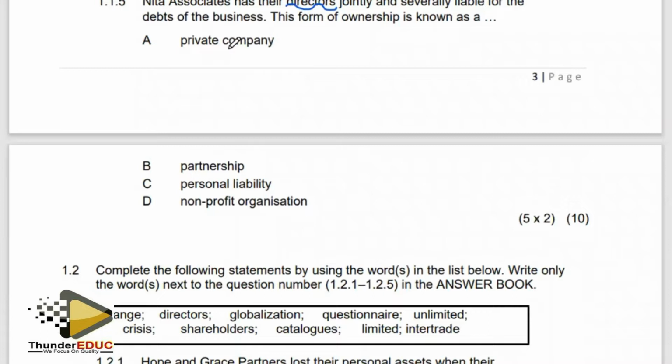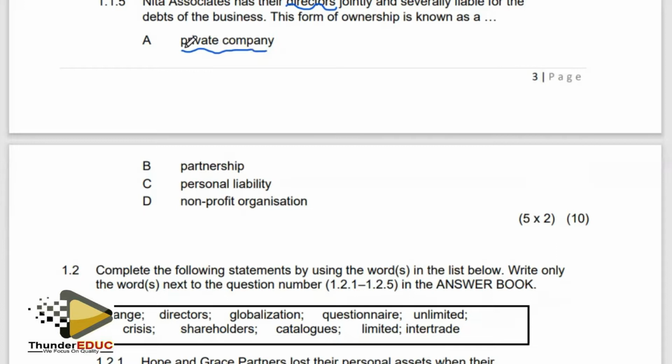What is a private company? A private company is different from other forms of business ownership. For example, it's different from a sole proprietorship because a sole trade business is owned by one person. What about a partnership? Under a partnership, a few individuals start up a business, contribute capital, and take part in the day-to-day running of the business.